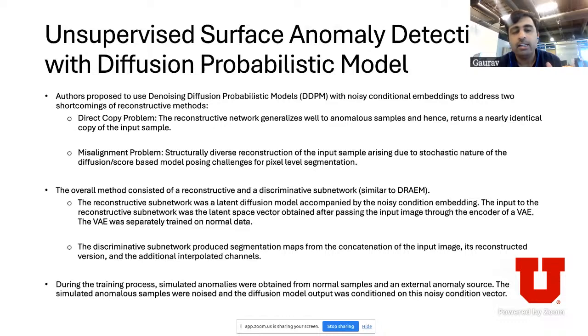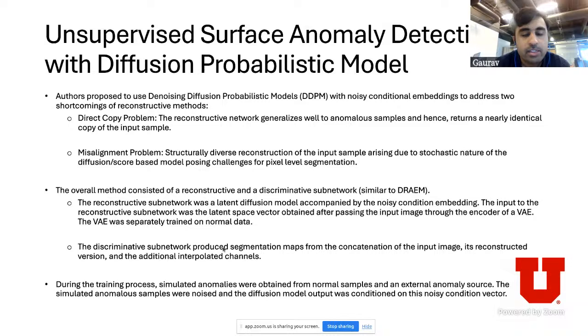In this case, the reconstructive subnetwork attempted to reconstruct the sample obtained from the latent space of the variational autoencoder. That is a key aspect of this method, which attempts to accelerate the process of doing diffusion and reduce the computational cost. At the same time, it uses a noisy conditional embedding, which is also in the latent space.